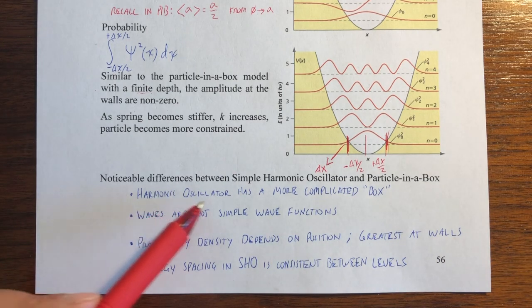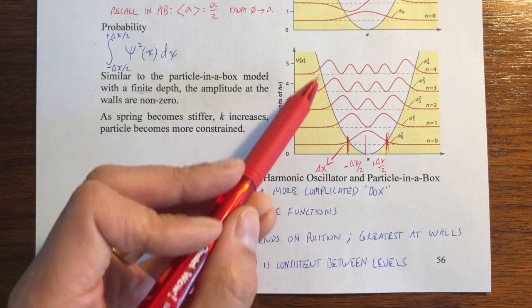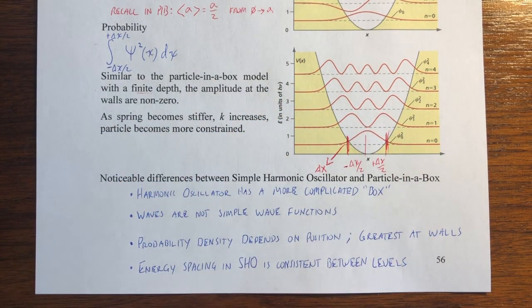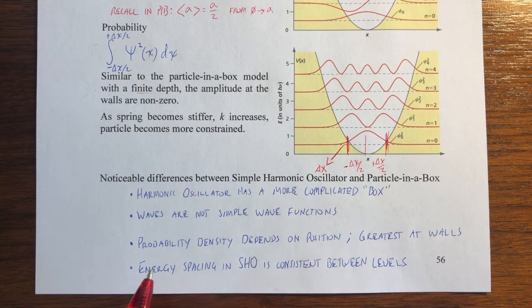Our first is that the harmonic oscillator has a much more complicated box. So we have a well instead of a box, and this has some side effects of giving us more complicated wave functions. Our waves are not simple wave functions, so they change based on which n value we are at.